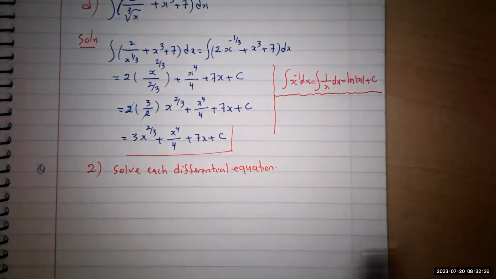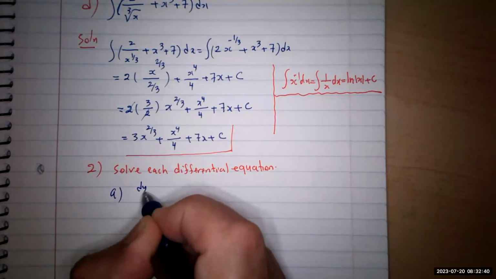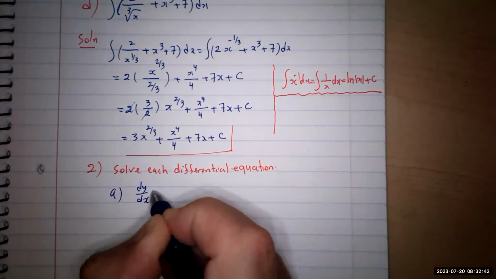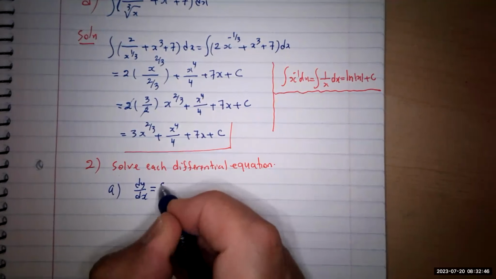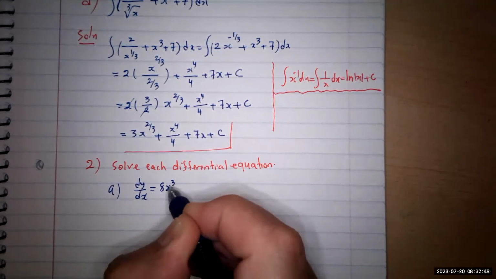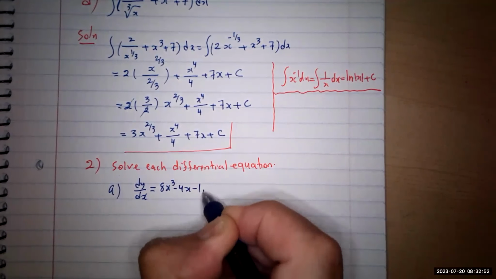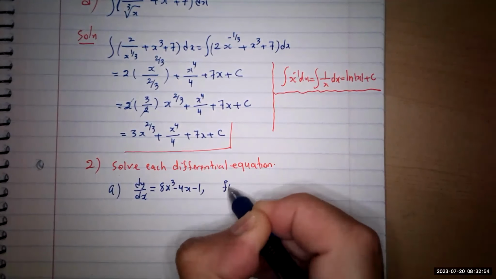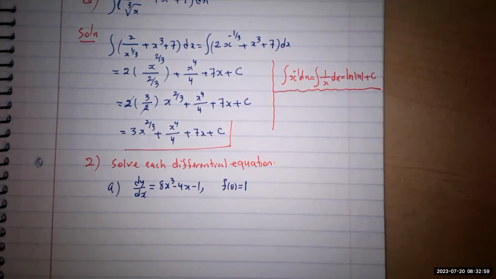The first one is given as dy/dx, which is y prime, which is f prime, equal to 8x cubed minus 4x minus 1, with the condition that f of 0 is equal to 1. This is the way you are going to see it in science, because this is a rate of change.